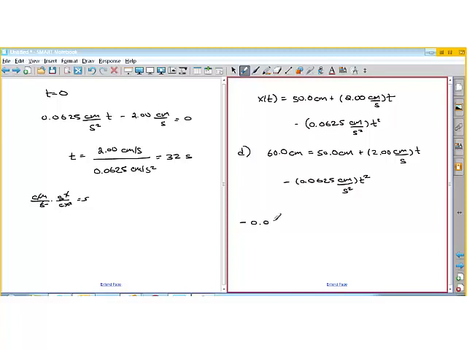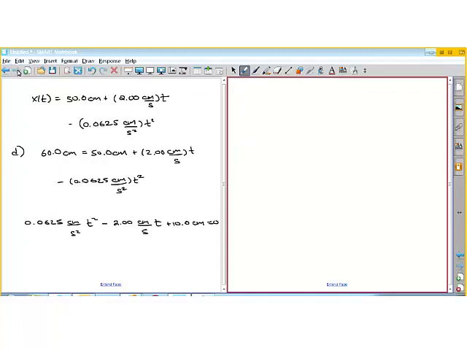So you'll have 0.0625 centimeters per second squared times t squared minus 2.00 centimeters per second times t. And if we have 60 and we subtract 50, we're going to have 10. So it's going to be plus 10 centimeters equals 0.